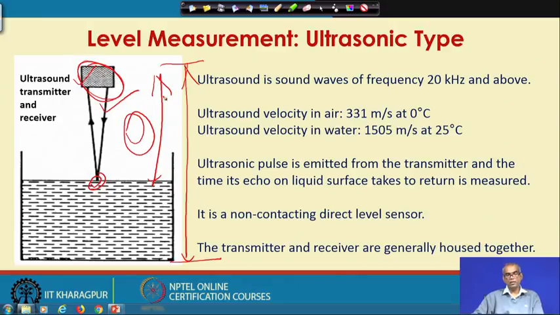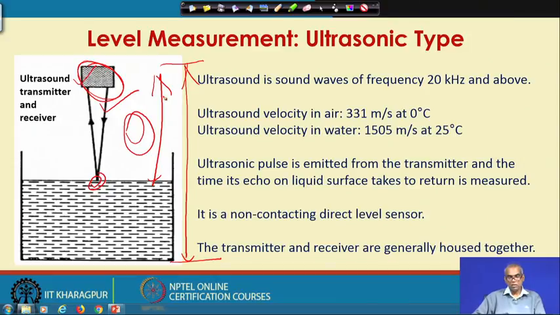So, it is basically you produce an ultrasonic pulse from a fixed location above the top surface of the liquid level. The ultrasound is directed to the top surface of the liquid, and as it gets reflected, the receiver receives it.